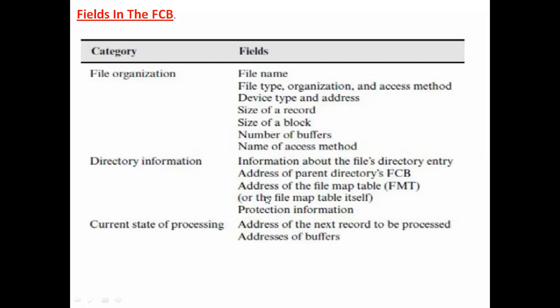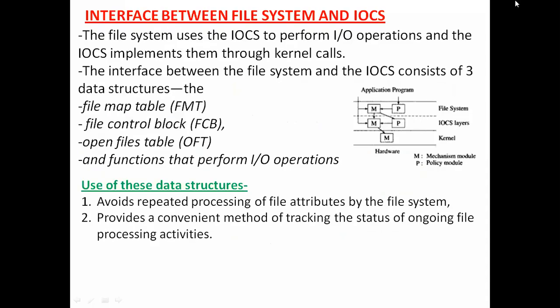Like this table we have seen already, where we have these many fields in the file control block, FCB, the same concept applies here, with respect to the interface between the file system and IOCS.